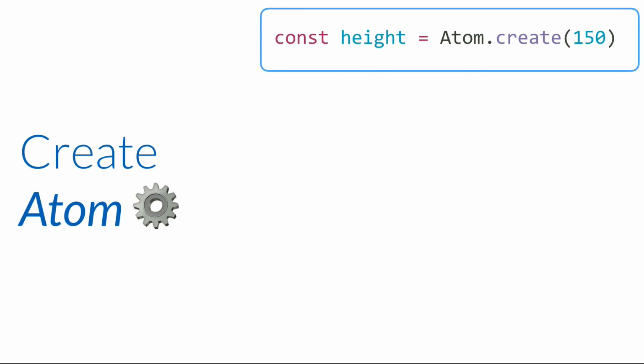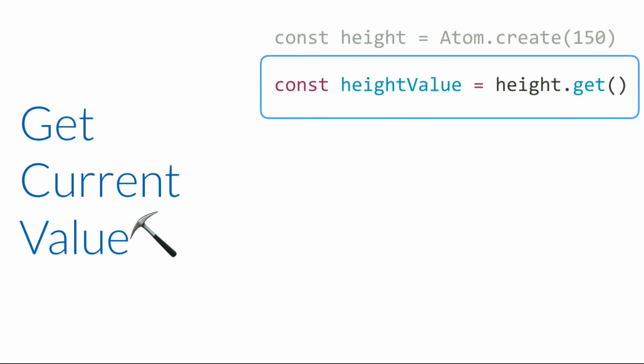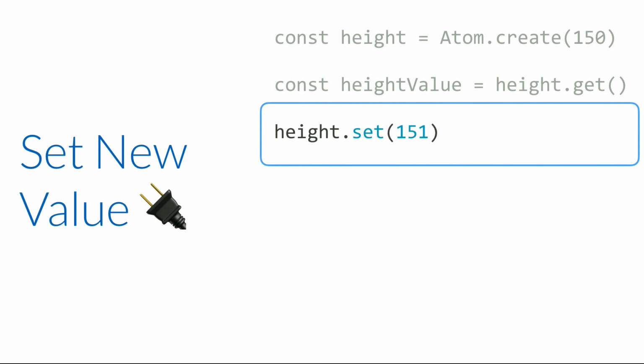So how will it look? We can create an atom with some value, and create a height atom. After that, we can get the current value, like atom.get. After that, we can set a new value to the atom, like atom.set.